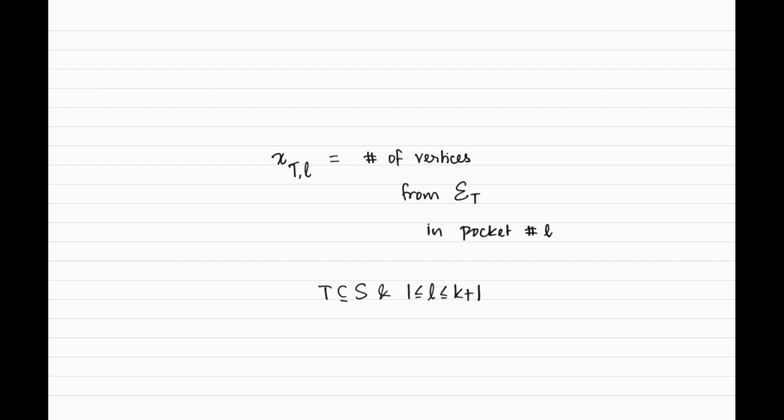So for every equivalence class and every choice of location between vertex cover vertices, we introduce a variable x sub t comma l, which tells us how many vertices from the equivalence class E sub t land up at the location L. So once again, notice that T is going to be all possible subsets of the vertex cover and L is going to be all possible locations.